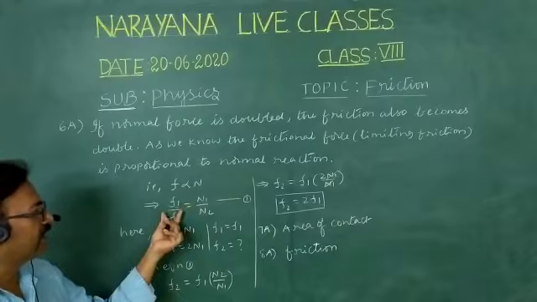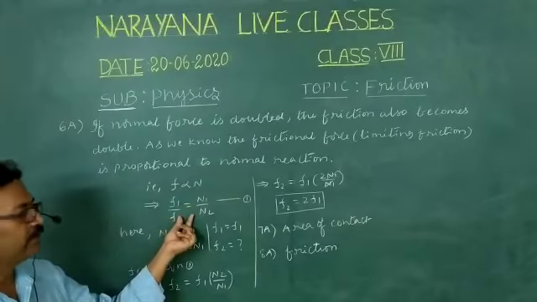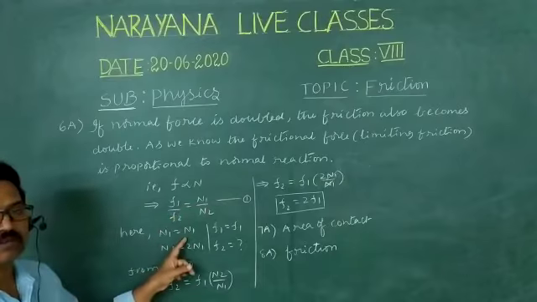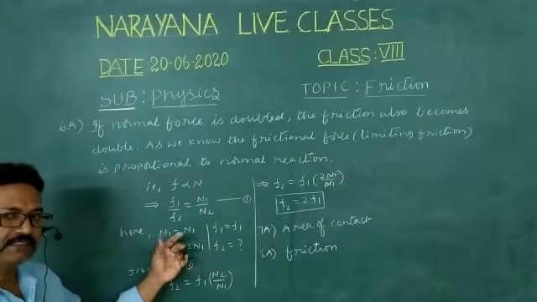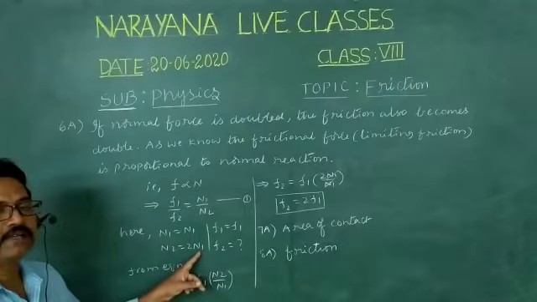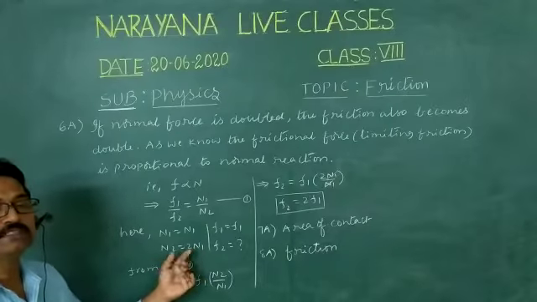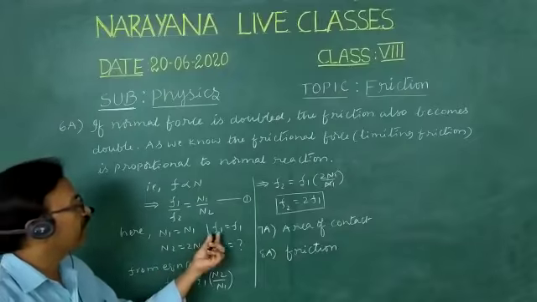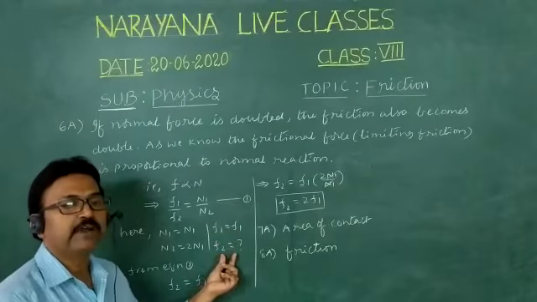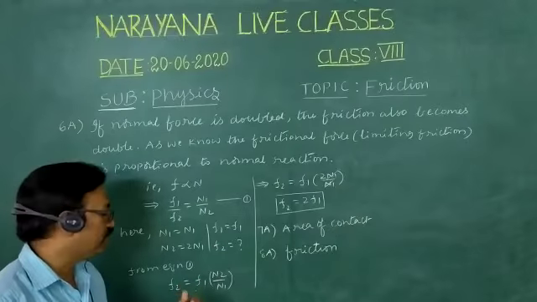From this we can write F1 by F2 equal to N1 by N2. In the first case the normal reaction is say N1. In the second case, N2 is double that of N1, because the normal force is doubled. In the first case the frictional force is say F1. In the second case we have to find the frictional force F2.